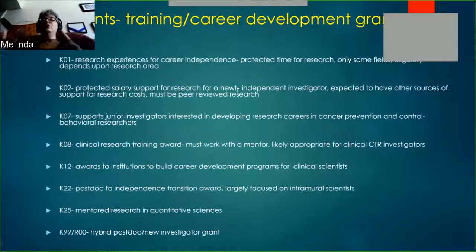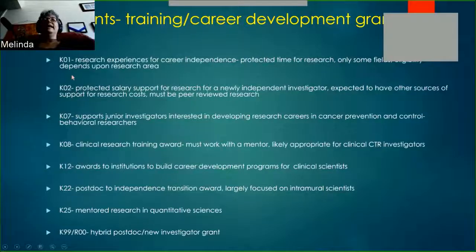So you will get 2 years of funding to be a senior postdoc and to look for an independent faculty position. Once you get an independent faculty position, that then transitions into an R00, which is essentially, I think it's 3 years of independent grant funding once you have your actual professor position.